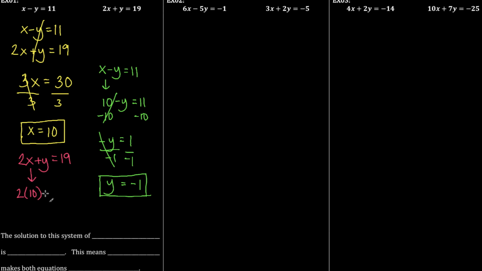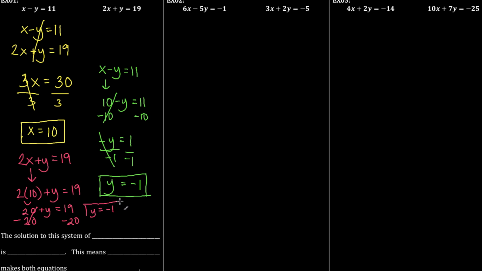So 2 times 10 plus y equals 19. 2 times 10 is 20. So 20 plus y equals 19. And once I subtract 20 from both sides, I get y equals 19 minus 20 is negative 1.